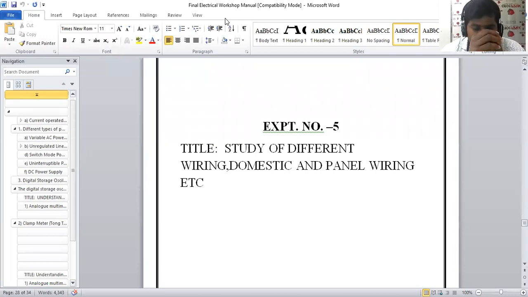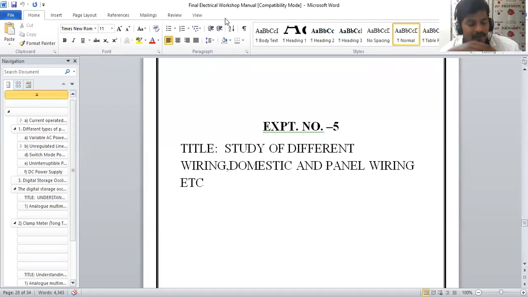Then we discussed the power quality analyzer, and also digital and analog power factor meters. So these meters we discussed in the previous lecture.